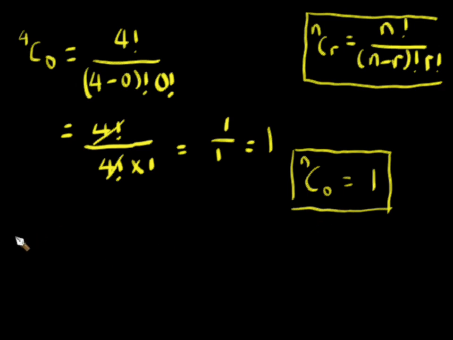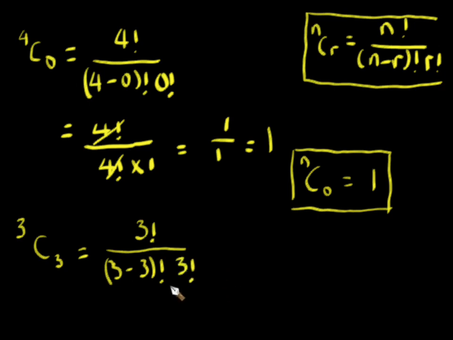One more example: 3 combination 3. So comparing with our formula, 3 represents n, and 3 at the base also represents r. So anywhere we see n, we substitute 3, and anywhere we see r, we also plug in 3. So we have 3 factorial divided by 3 minus 3 factorial multiplied by 3 factorial.